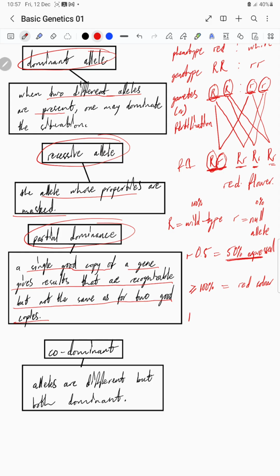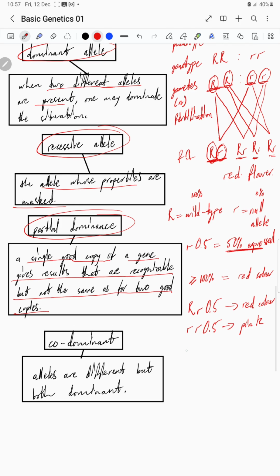So if we have dominant R and partial dominant R, this is 150%, we are going to have a red color. If we have a recessive r allele and a partial dominant R allele, this is 50%, so we are going to have a pink color.